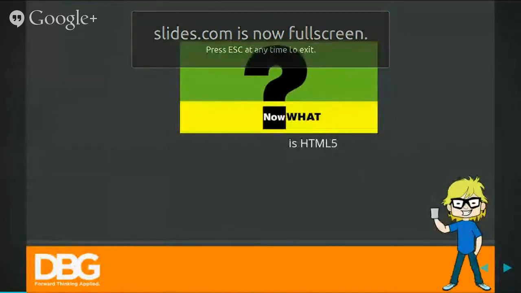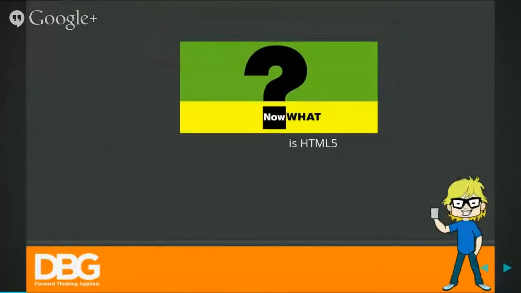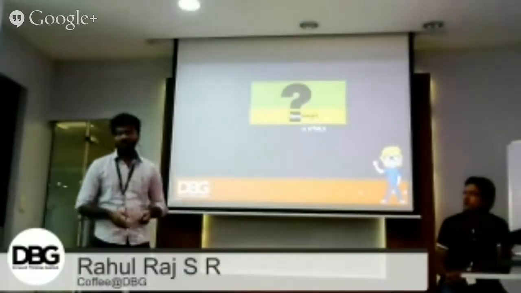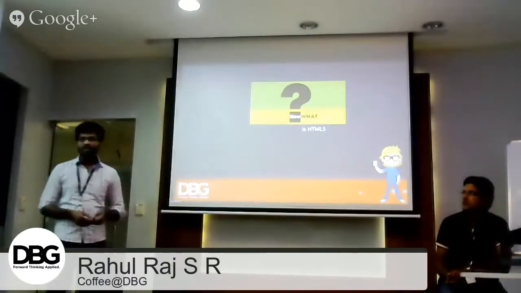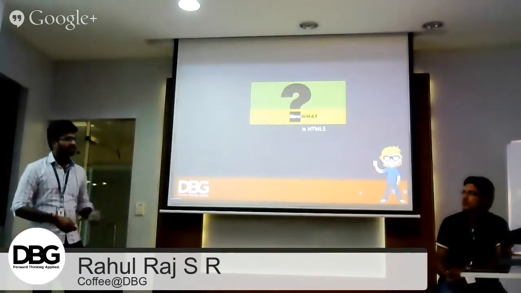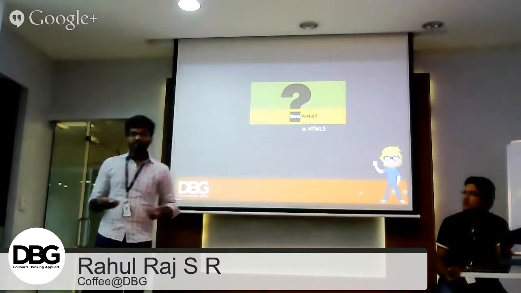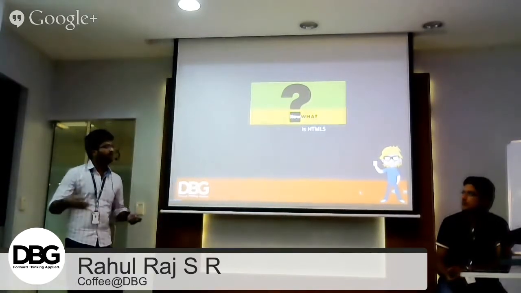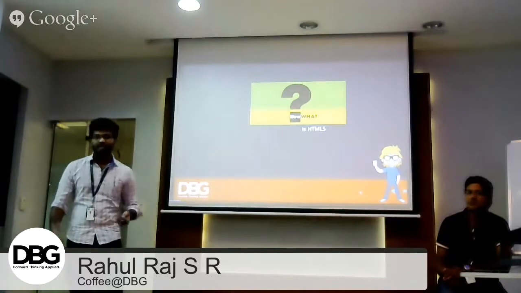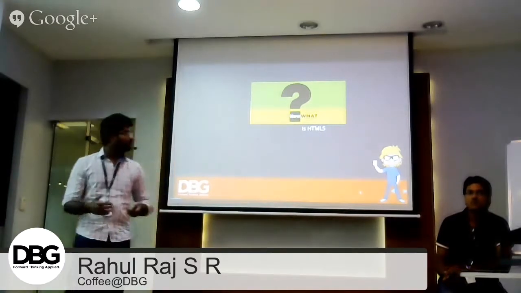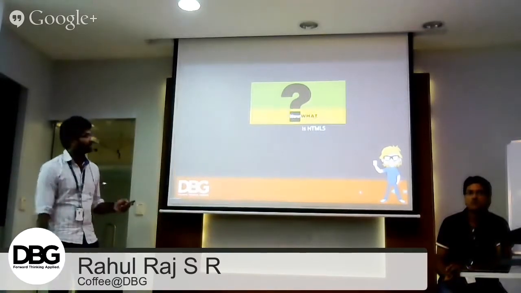So what is HTML5? It's simple HTML, but it is the latest version of HTML that was released in 2008. But still it is under the working draft, though we can expect it to be released by the end of the year. We can accept it as a standard for developing web pages.